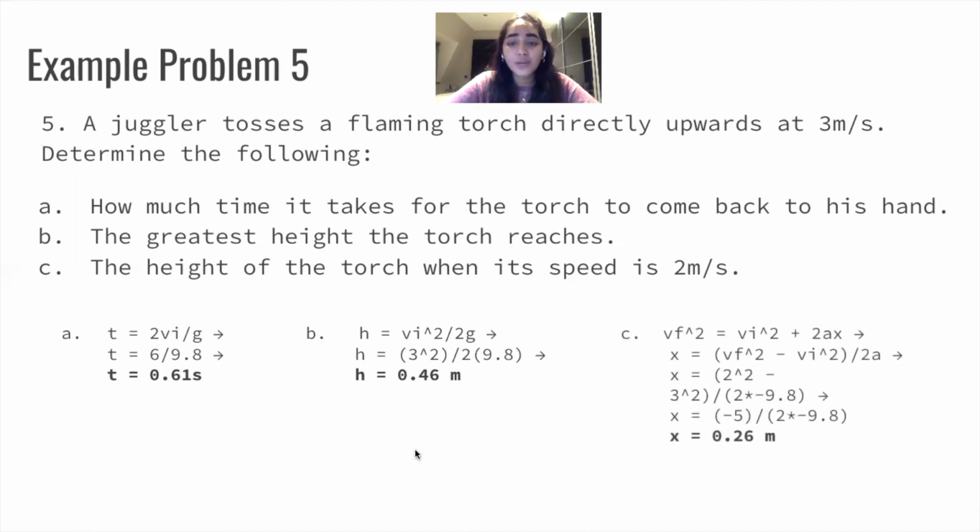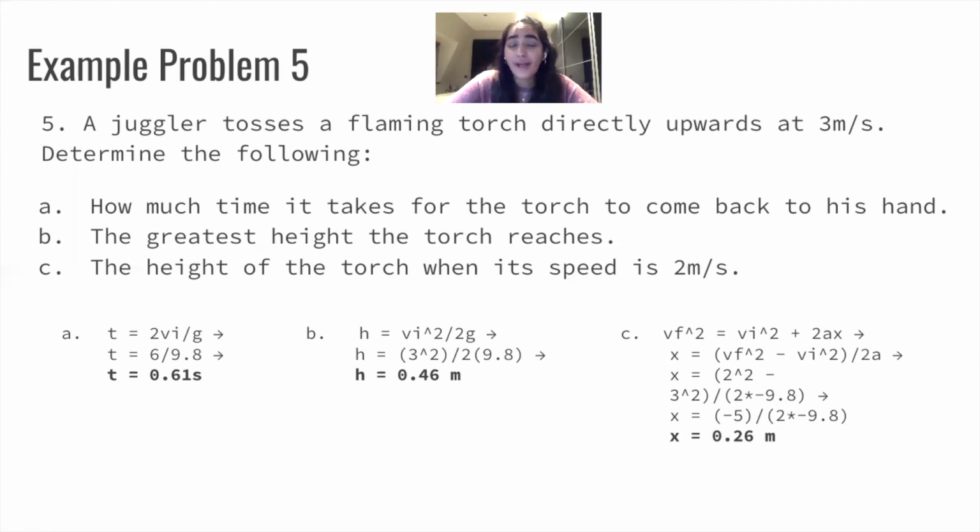And our last one, which is the height of the torch when the speed is 2 meters per second. This is the formula that we are going to be using because we don't have time, and this is the only formula that doesn't involve time. We don't want to use time because we don't know the time at which the flaming torch is at 2 meters per second. We do know the time at the maximum height.